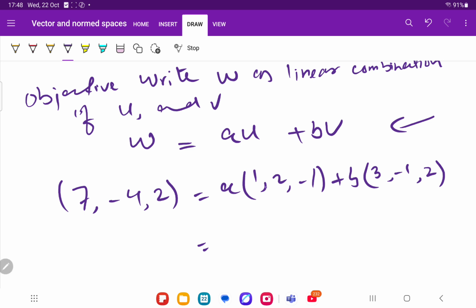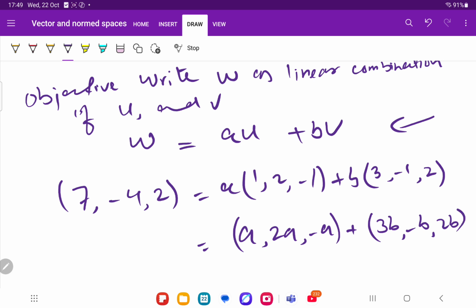So a multiplied by 1 is a, a multiplied by 2 is 2a, a multiplied by minus 1 is minus a, and b multiplied by 3 is 3b, b multiplied by minus 1 is minus b, and b multiplied by 2 is 2b.